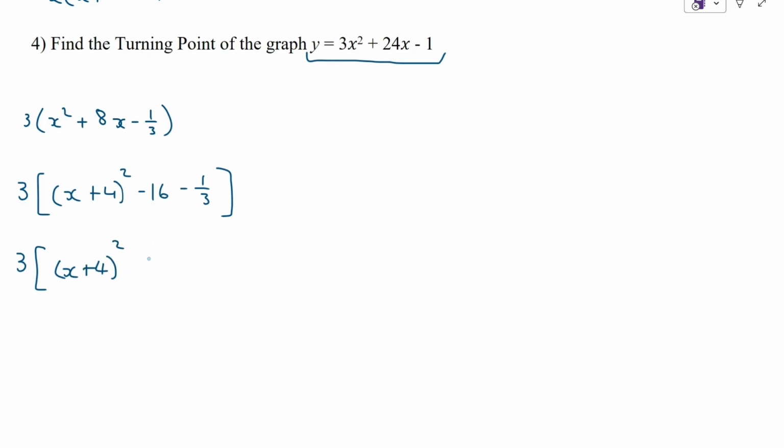And if we write this as a fraction, we'll get minus 49 over 3. It's not a nice round number, but this is what we're working with.